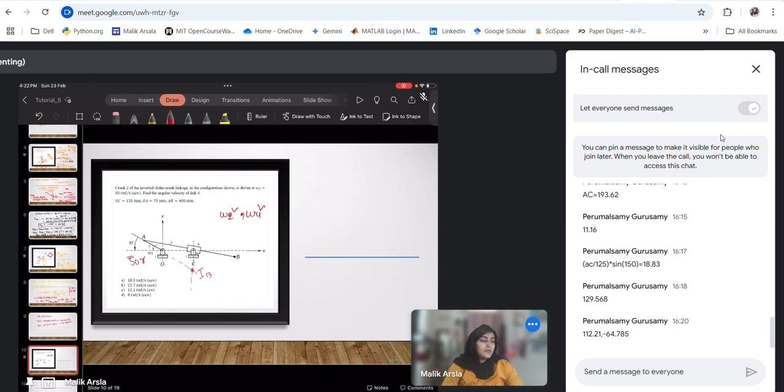Now the coordinates of point P are known, so how will you find this question now? You have to do it in a similar manner as we did in the previous question.